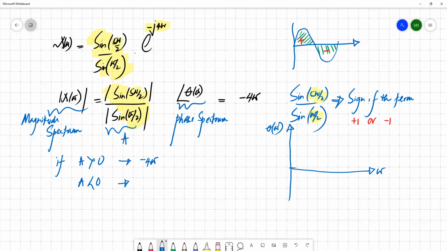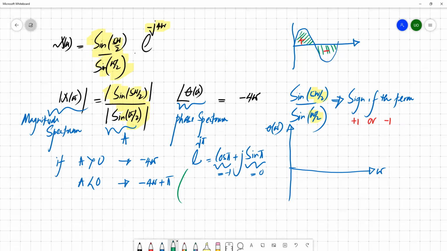This minus sign can be absorbed into the exponential. We know that e to the power j phi means cos phi plus j sin phi. Here sin phi is 0 and cos phi is minus 1. So we can absorb this minus sign as an e to the power j phi factor. So then the phase is minus 4 omega plus phi.